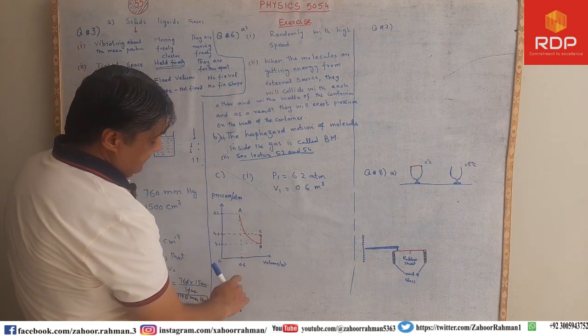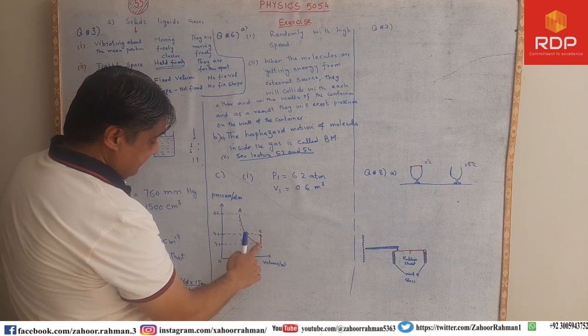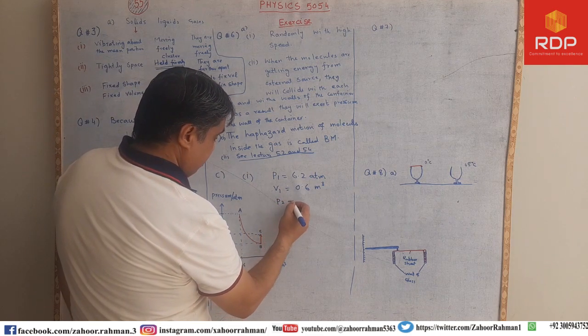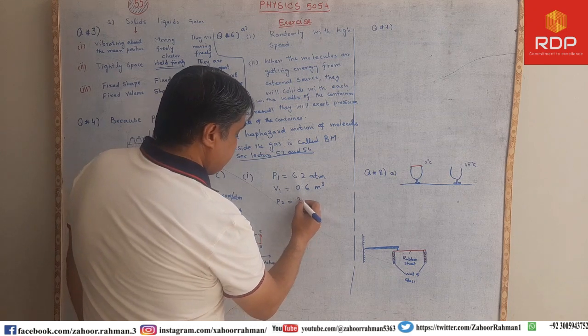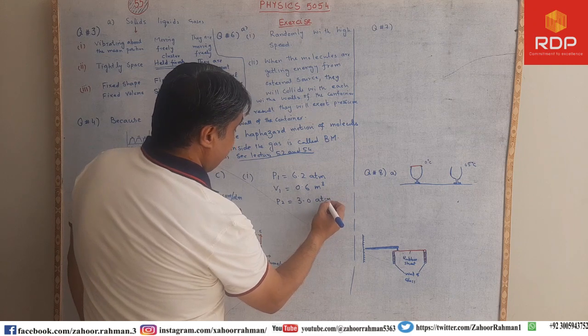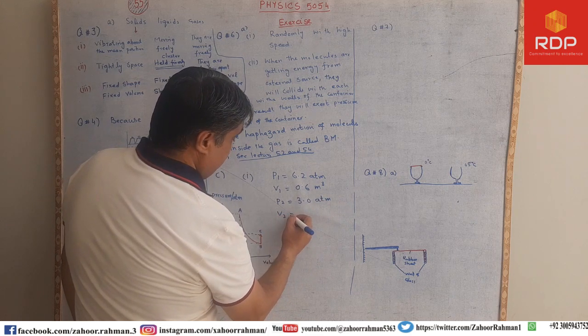And in the second case, P2 is 3.0 atmospheric, and we have to find V2.